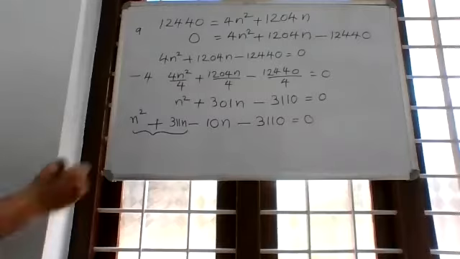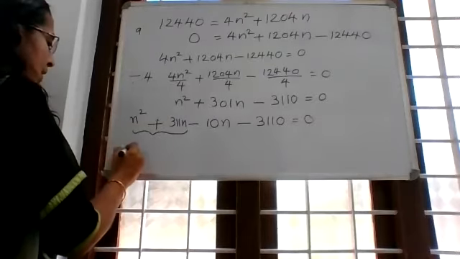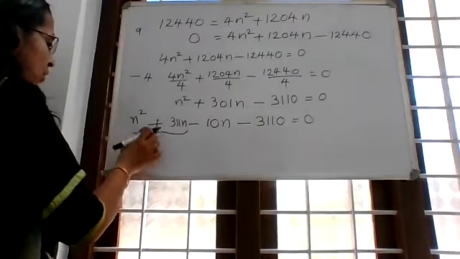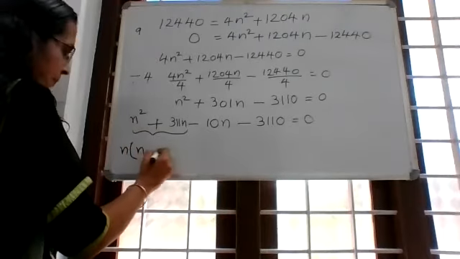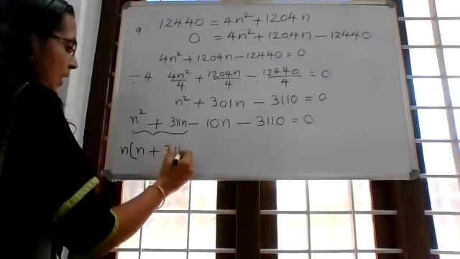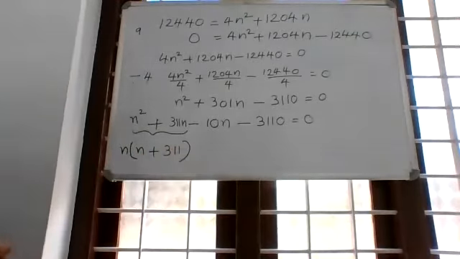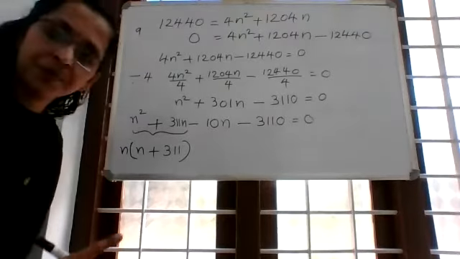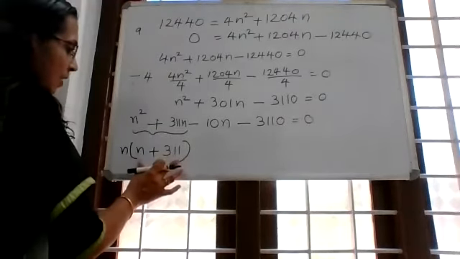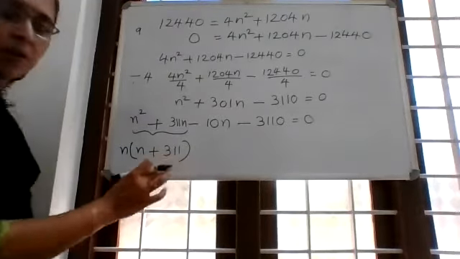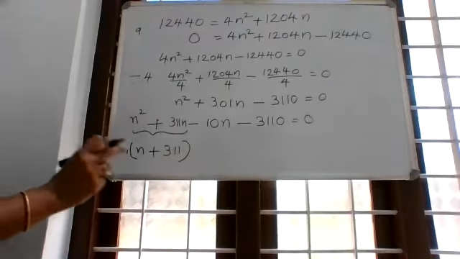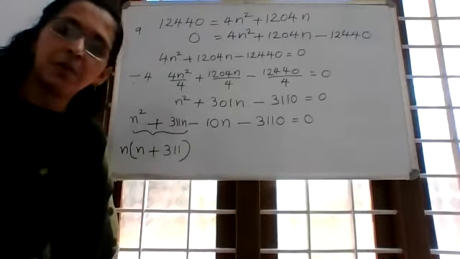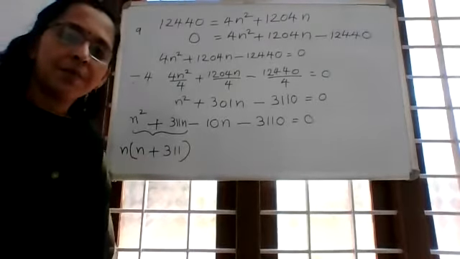Common. Which one is common? N is common. So the balance will be N plus 311. Next what we want to do? Minus 10 common. No need of taking that, it will make you confused. Instead of taking minus, next step. Easy method I told, no? Which method? Last year's.